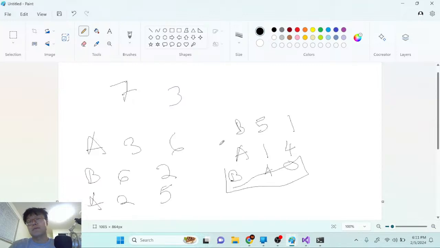So your goal from here is to find the 0 and then just loop through.